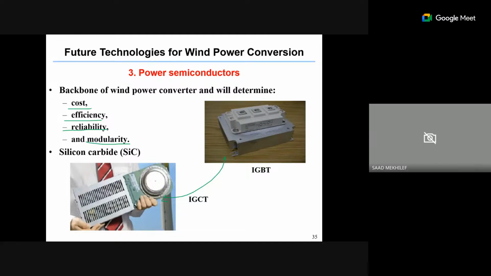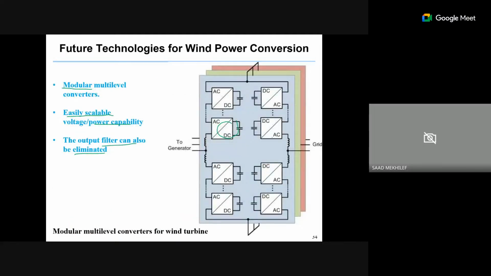For example, if you have a cascaded topology and one module goes faulty, the system can still function, but maybe with reduced power quality.